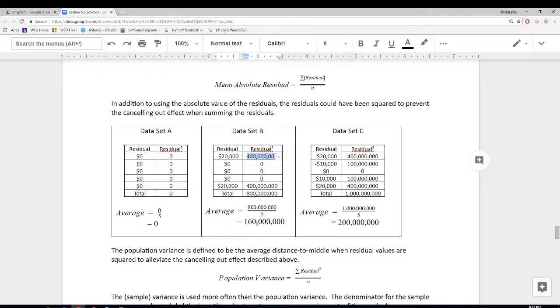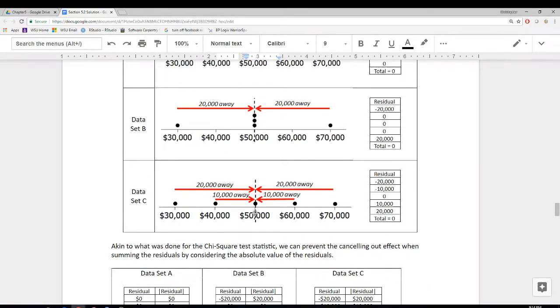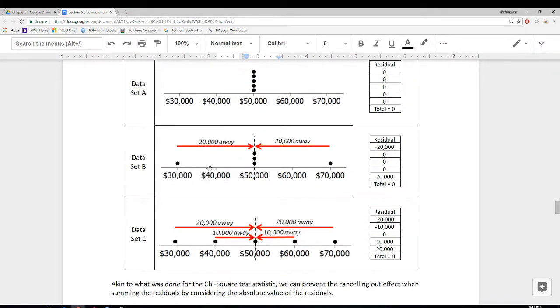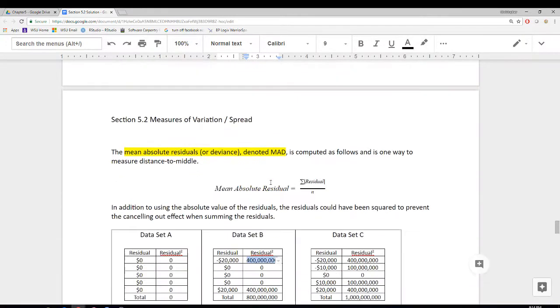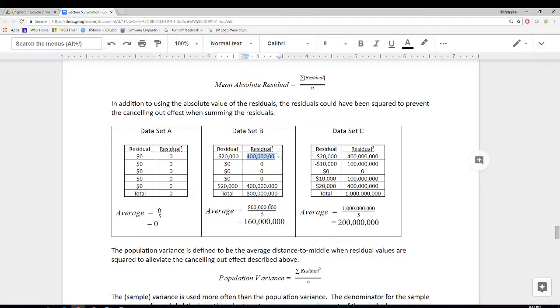Now we can see that one problem with the squaring is that the scale gets really messed up. Going back to the graph, these data points are not 160 million away from the middle. So my squaring has messed up my scale on me. These numbers are correct, I did the math correctly, but they just don't make sense in the context of the measurements we have here.